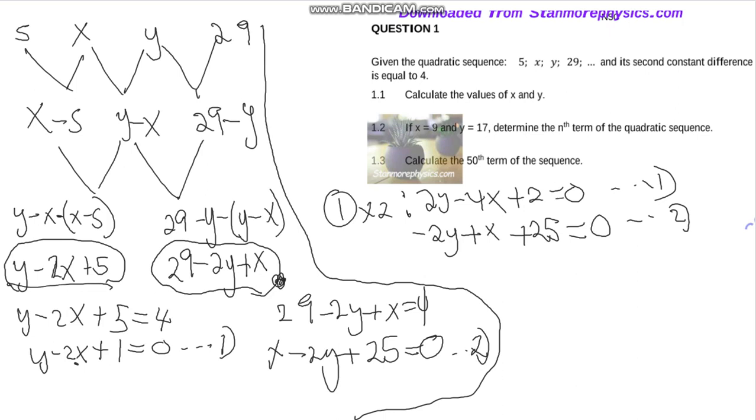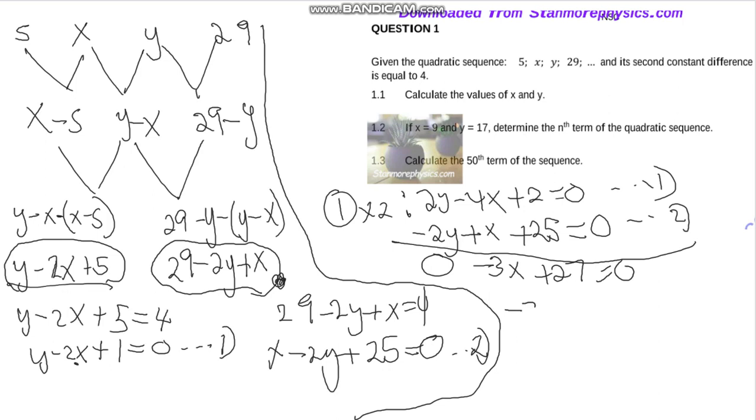Adding these two equations, 2y minus 2y will give you 0. Adding these two will give you minus 3x, and adding these you'll get plus 27 is equal to 0.